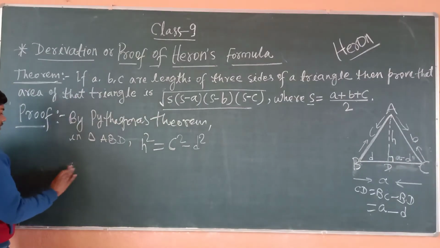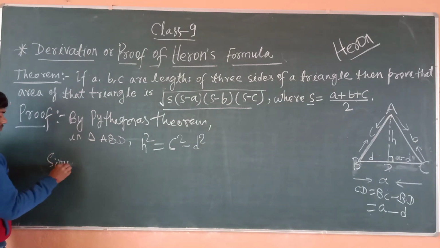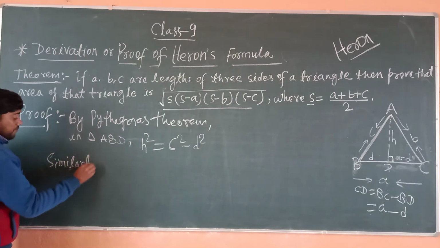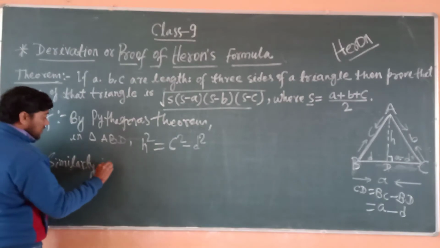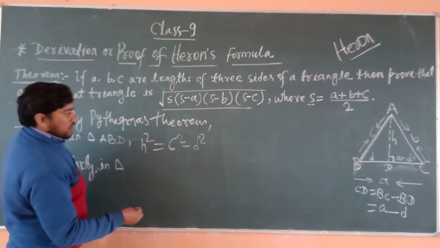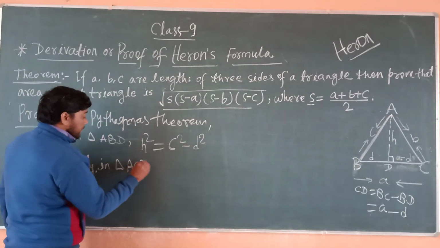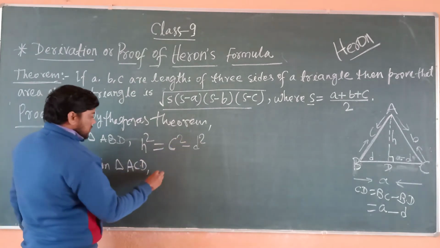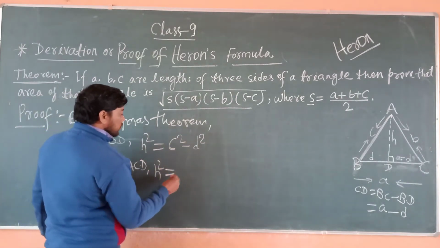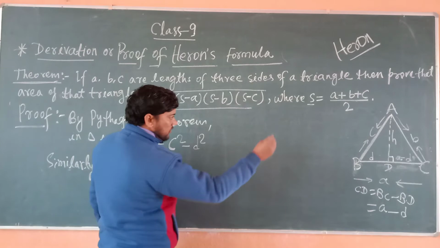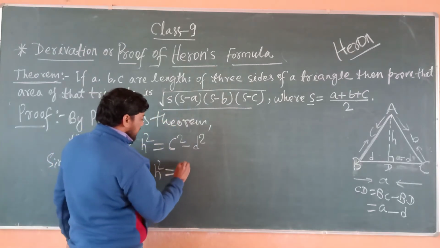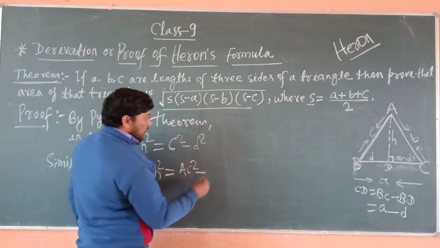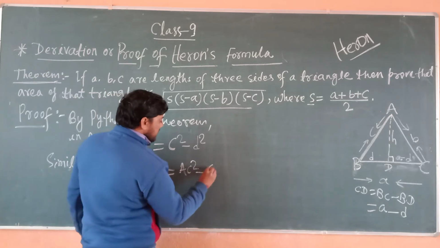Similarly, in triangle ACD, h square is equal to AC square minus CD square.